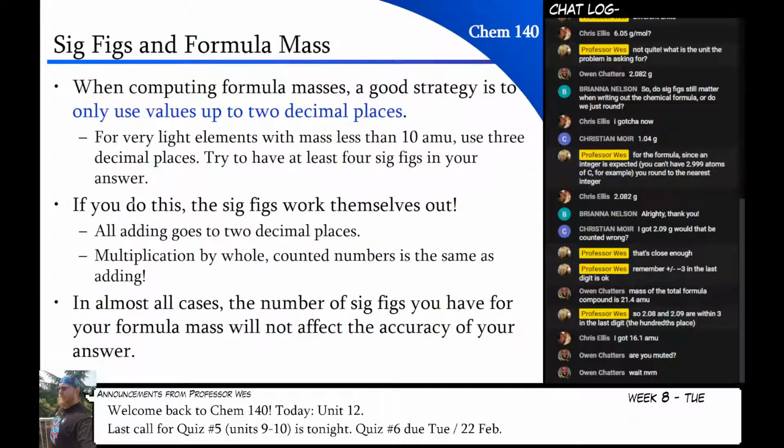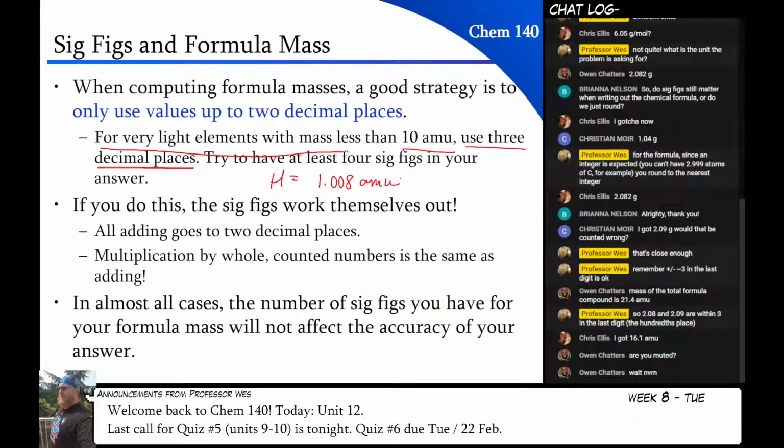In some cases, if you're working with, like, say, H2 or whatever, if you have a very light element and its mass is less than 10 AMU, grab 3 decimal places from maybe, say, a periodic table. So, for example, for H, Lentech will just write 1.01. You may want to get 4 sig figs, depending on what you're doing.